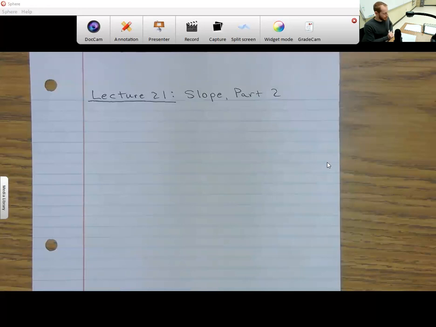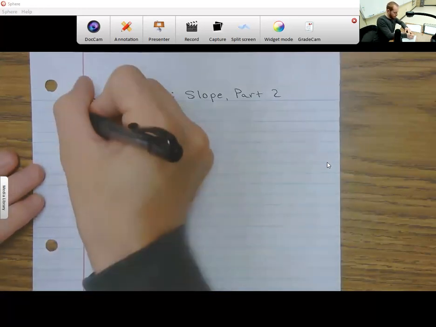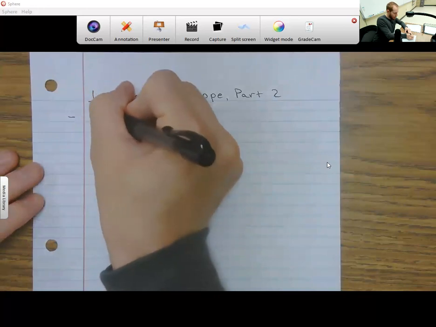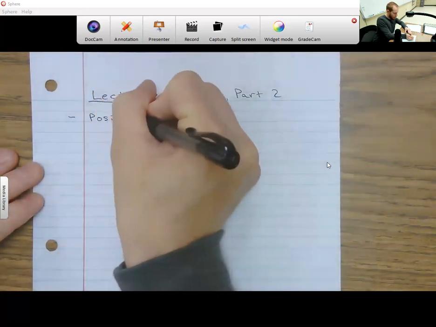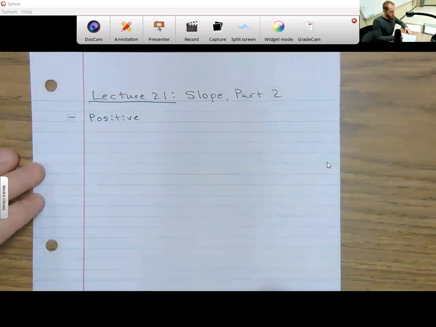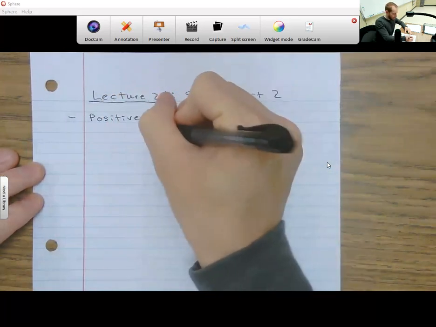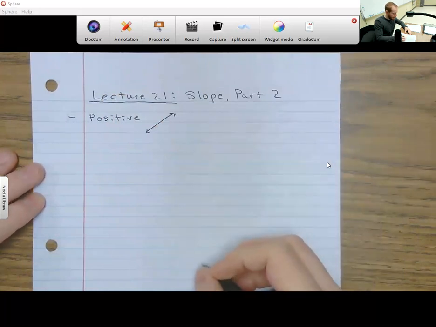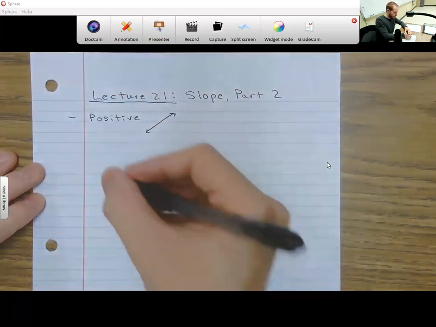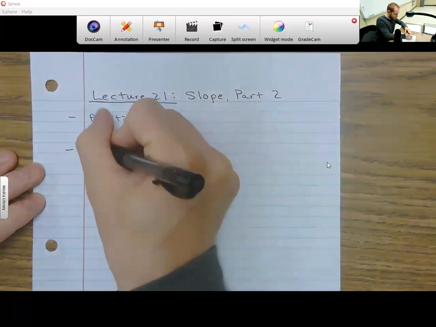So the slope of a line, you really have 4 choices. Your slope could be positive. If your slope is positive, then your line is going to be going up like that. You could have a negative slope, right? Negative.